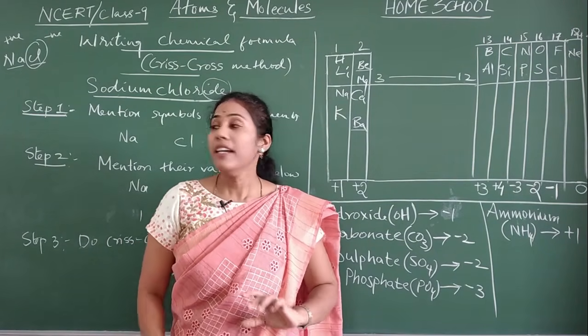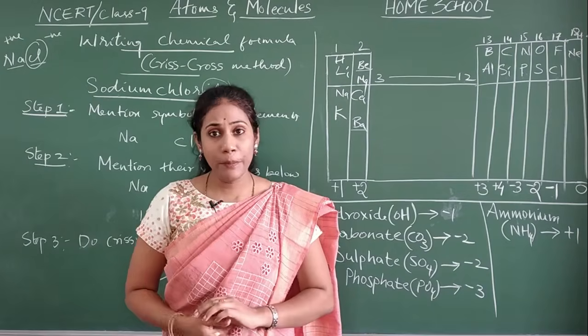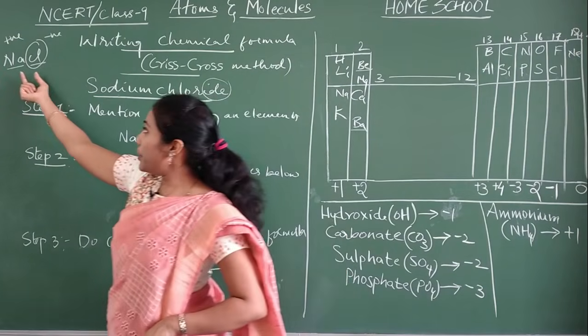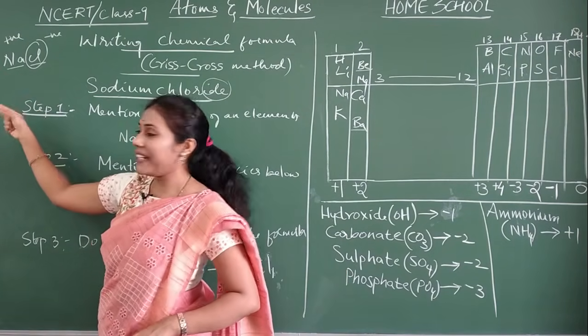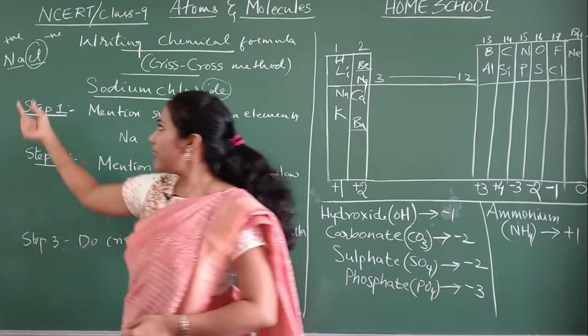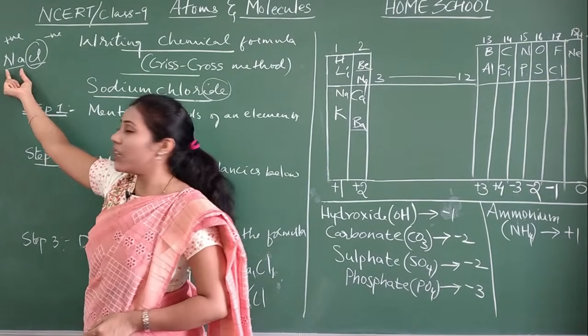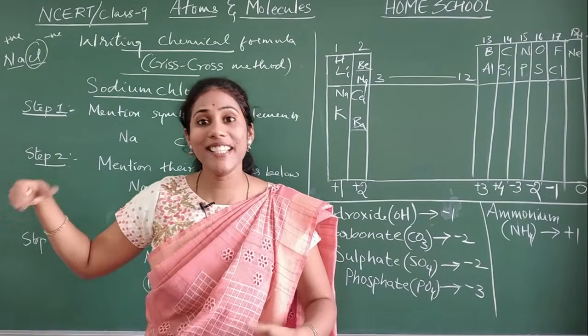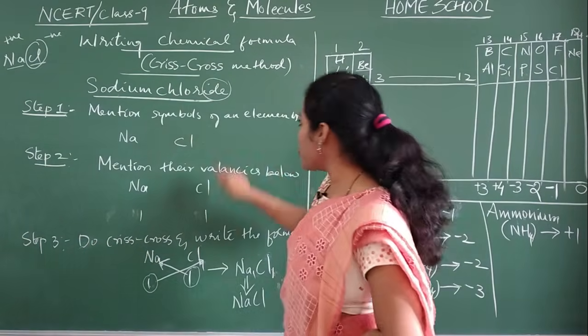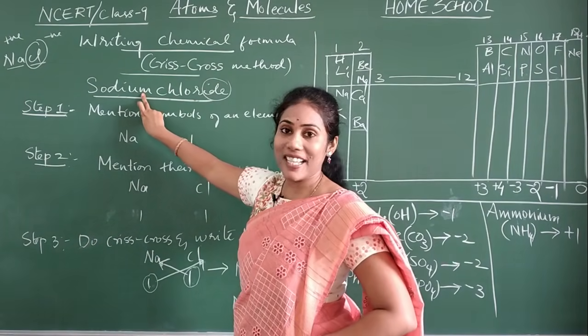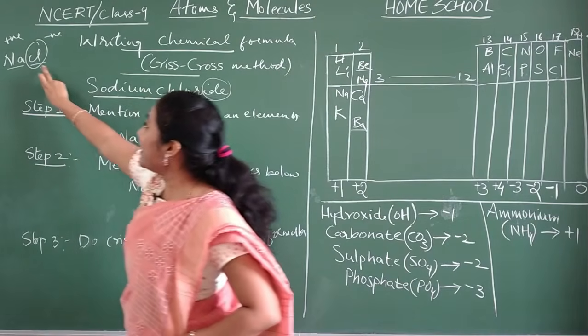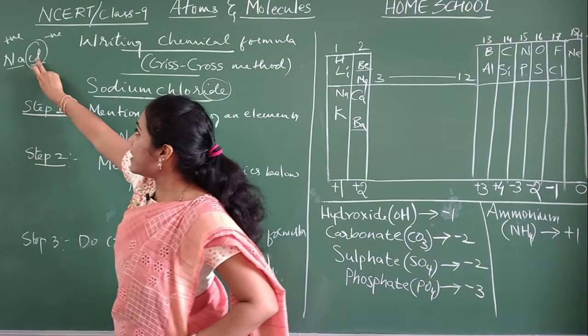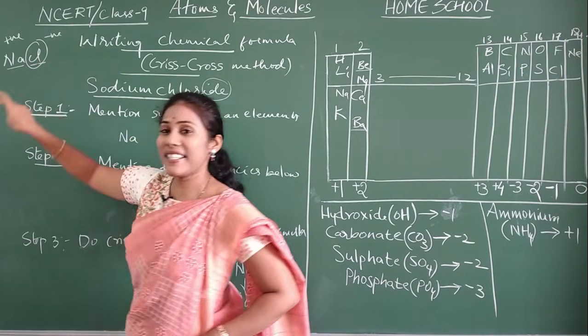Whenever you write a name, the positive part's name should be written as it is. What is the positive part here? Sodium. Na's name is sodium, so sodium you have to write as it is, guys. But the negative part's name, what is the negative part? Cl. What is its name?